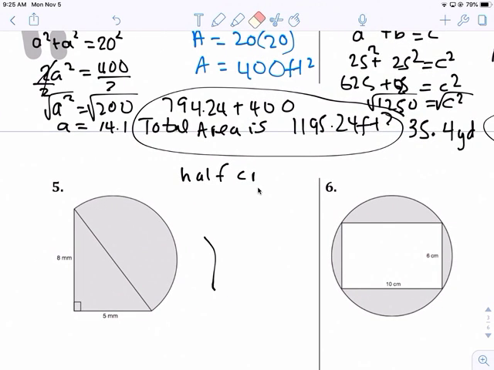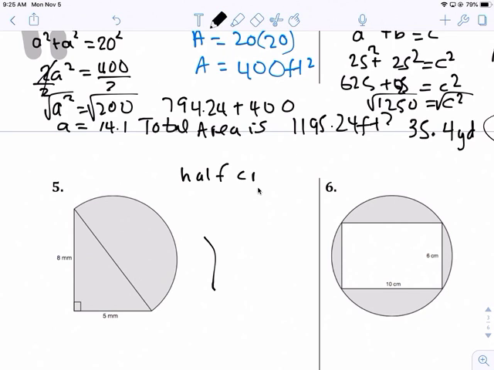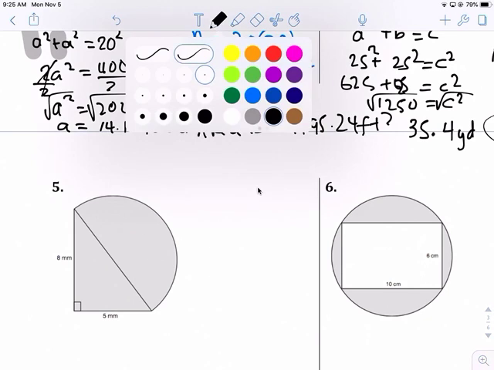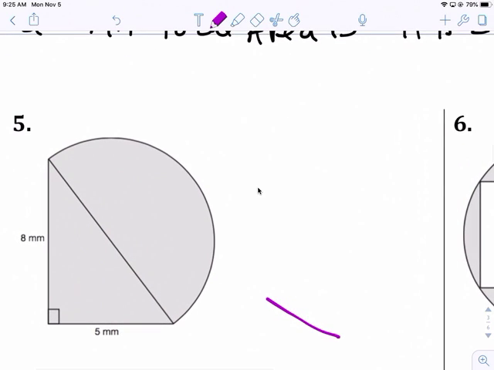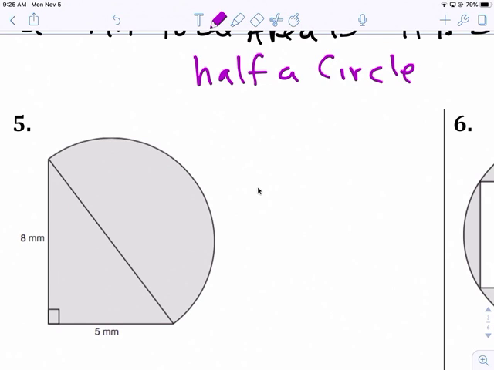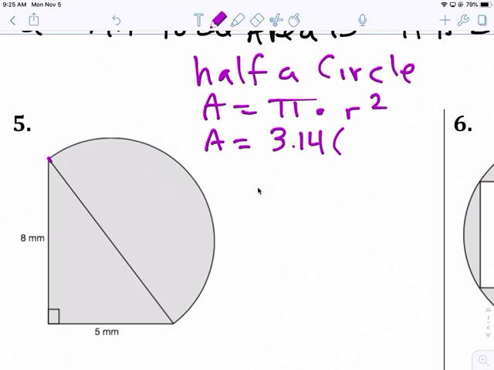I'm going to erase this part and maybe use a different color. Half a circle. All right. Area equals pi times radius squared. This is the diameter.